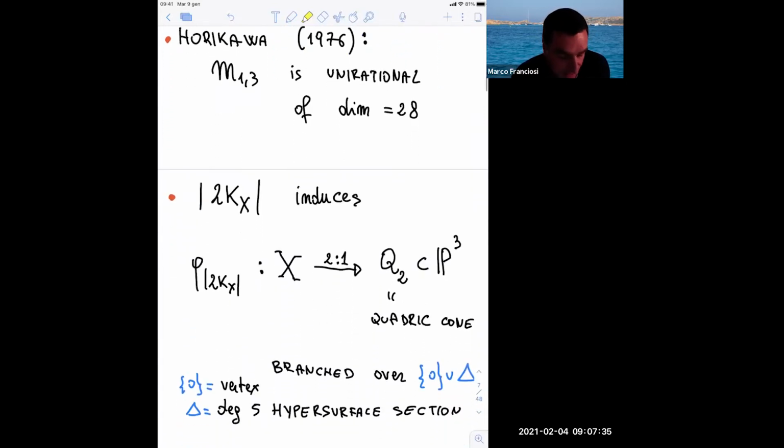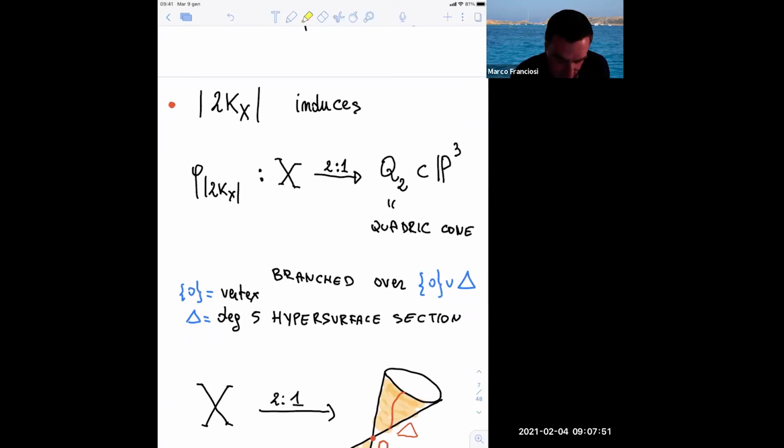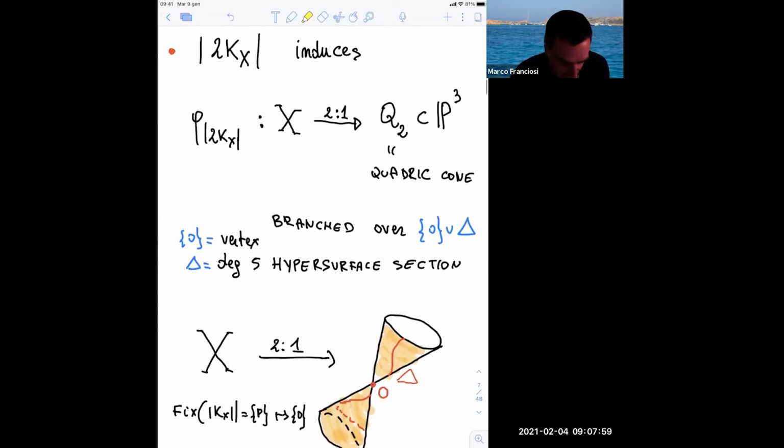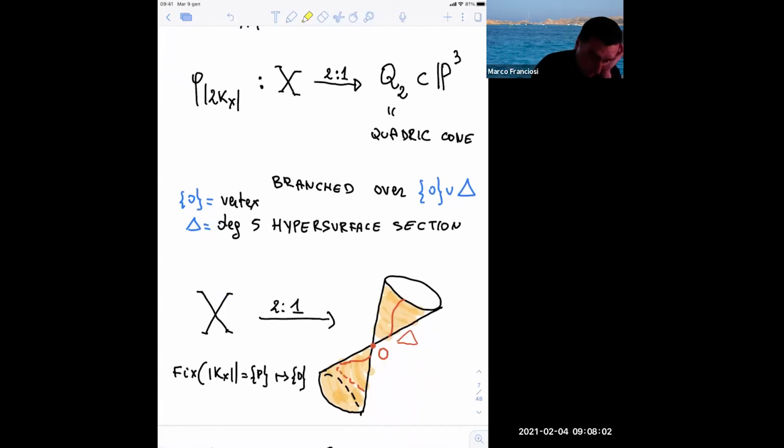Moreover, he showed that the bicanonical system |2K_X| induces a 2-to-1 covering of the quadric cone in P^3, branched over the vertex of the cone and a degree 5 hypersurface section, which is a degree 10 curve. So we have this 2-to-1 map. We have delta, the branch divisor, and we have the vertex of the cone, and the fixed part of the canonical system maps to the vertex.